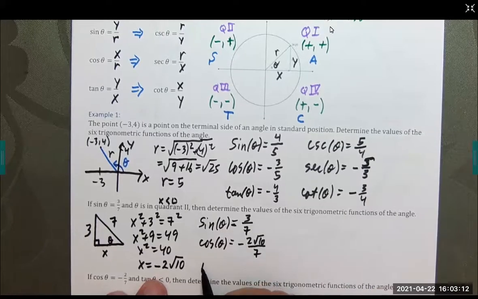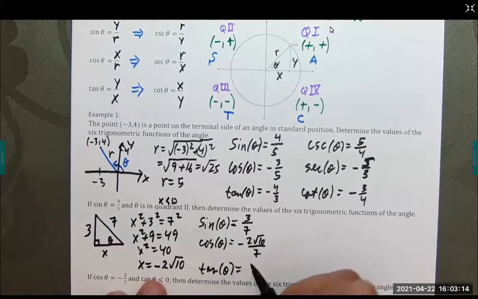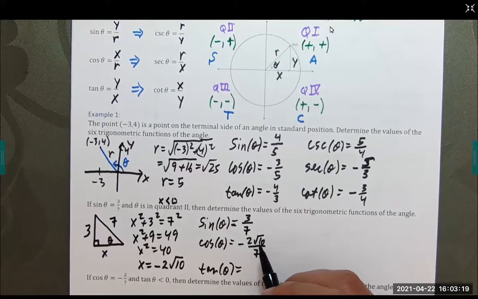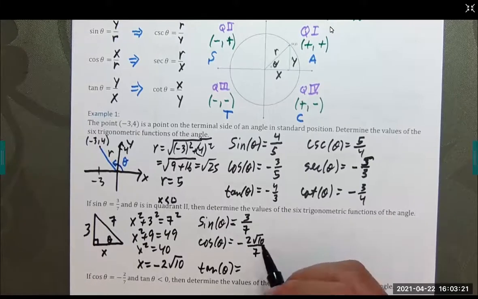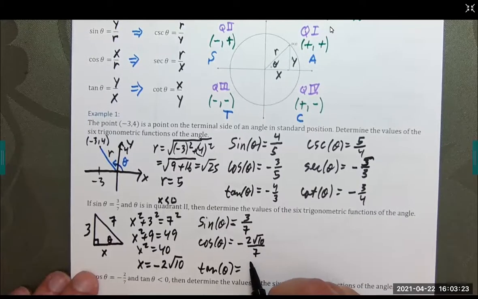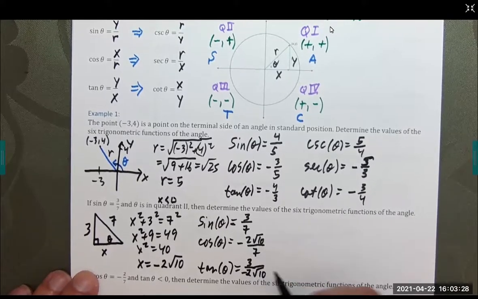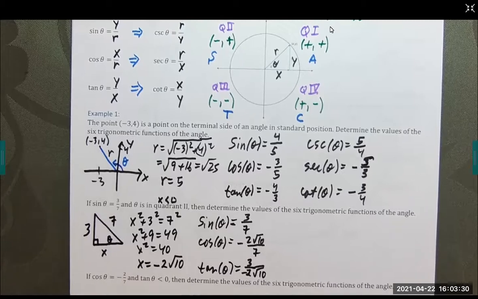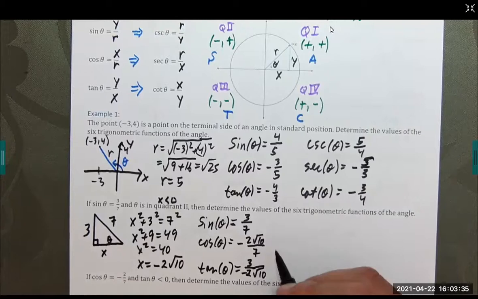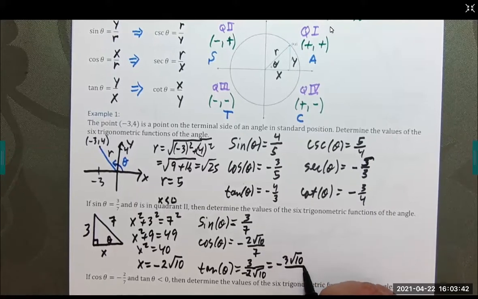And tangent of theta is y over x. Y in this case is 3. X in this case is negative 2 root 10. And you can rationalize that if you need to. You'll need to find out if your teacher wants you to rationalize it or leave it as is. Although, I'll go ahead and do it. That's going to be negative 3 root 10 over 20.